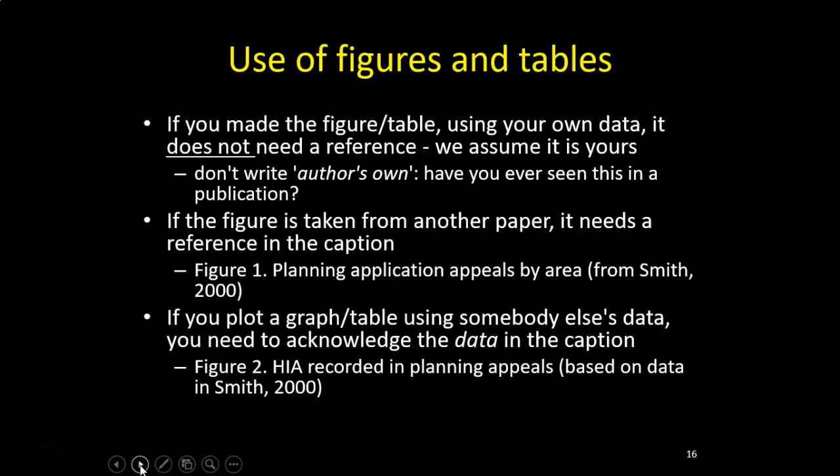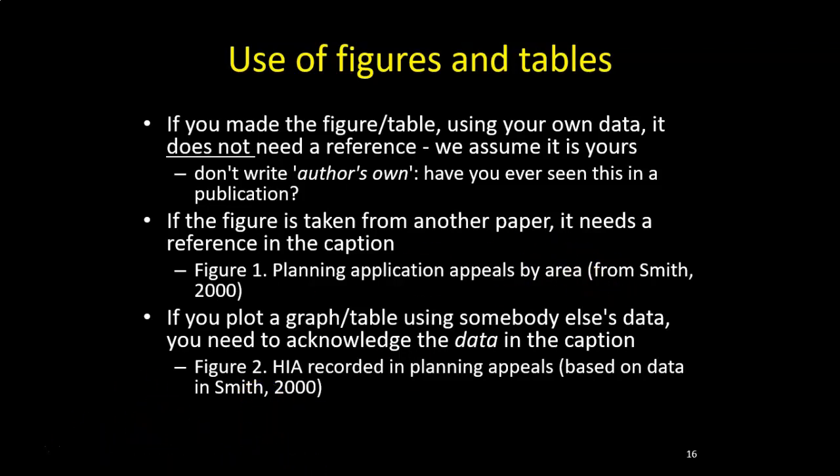So if there is no reference there, we assume that you created that table. So again, that's really important in terms of plagiarism and clarity. If the figure is taken from another paper, it does need a reference in the caption. So the example would be planning application appeals by area, for example, would have a citation there in the caption.